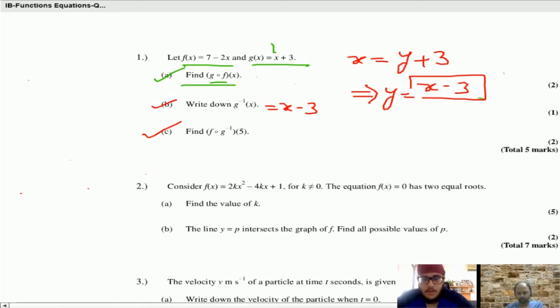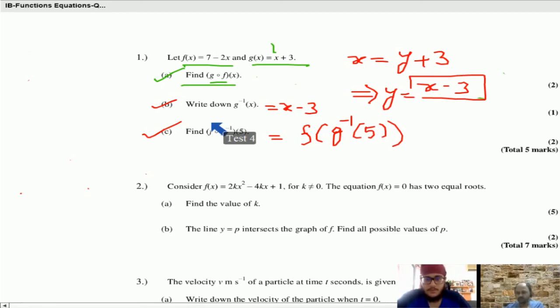For this one, we can write it like this: f of g inverse of 5, right?